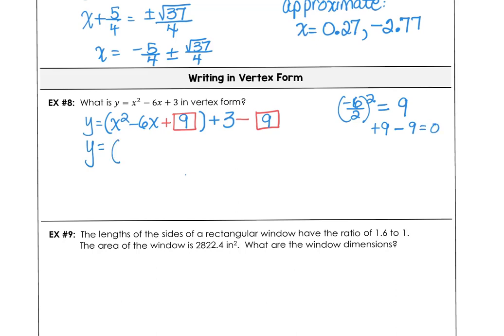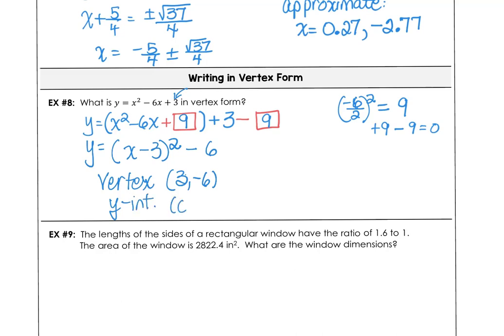And then factoring the parentheses, x minus 3 is our binomial squared, and 3 minus 9 is negative 6. And that's the beauty of completing the square. We know our vertex is (3, -6). And we know from looking at standard form, we know our y-intercept is (0, 3).